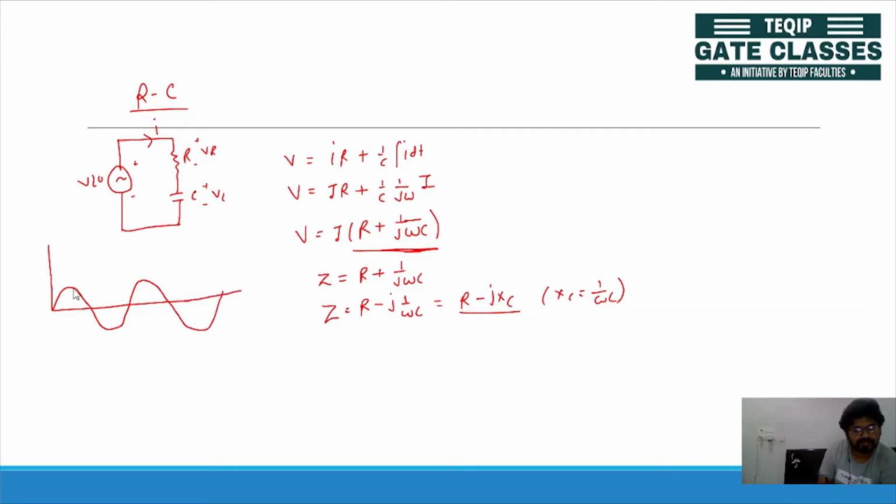Let's say this is your voltage waveform and current is leading because this is a capacitive circuit. So let's say this is your current I.